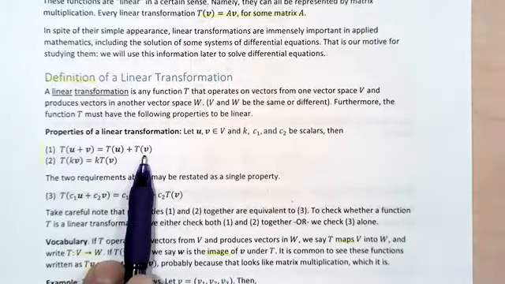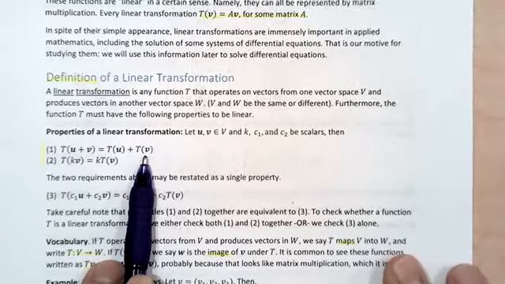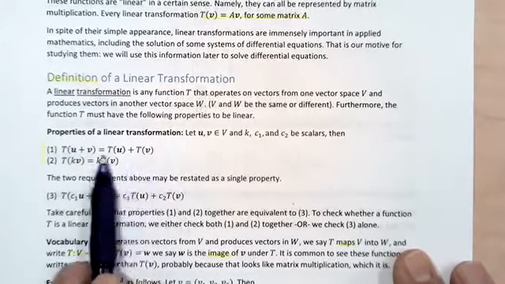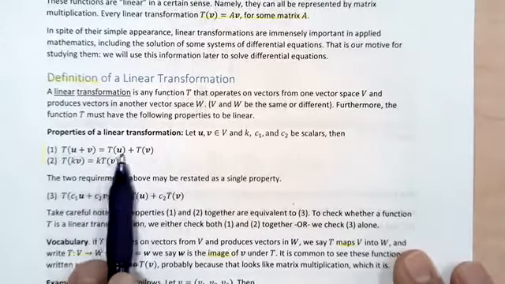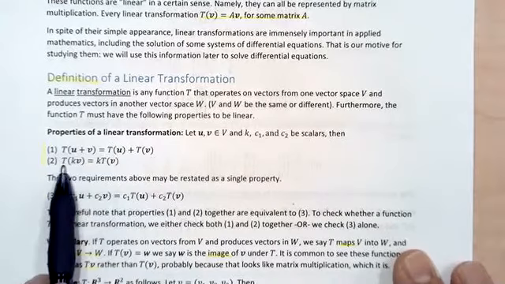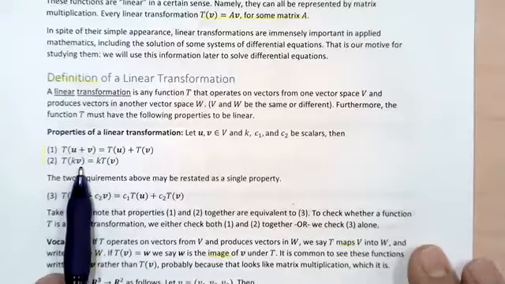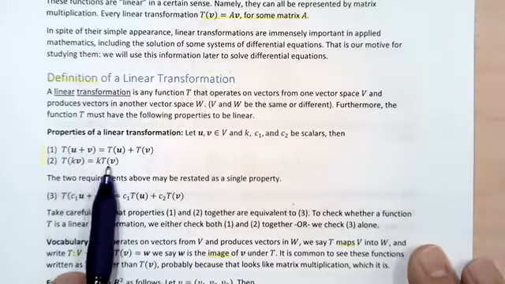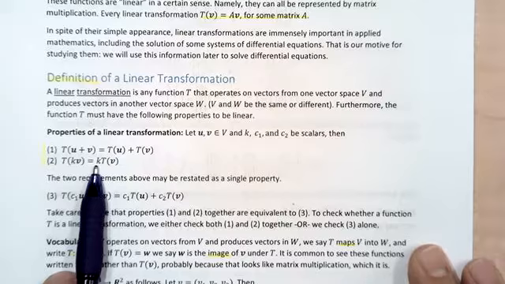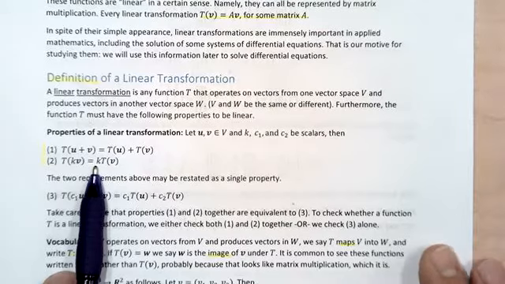Okay, so you would kind of expect, if these things could be represented by matrix multiplication, that would have to be true because we do have a distributive law. Furthermore, if you transform the scalar k times v, you get the same thing as if you just transform v and then multiply by a scalar later.